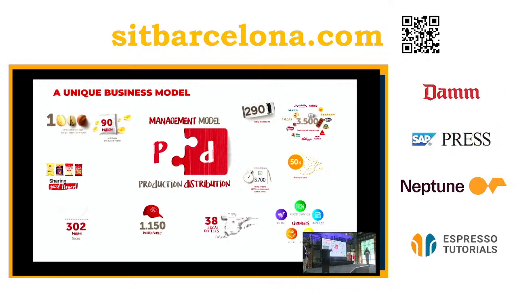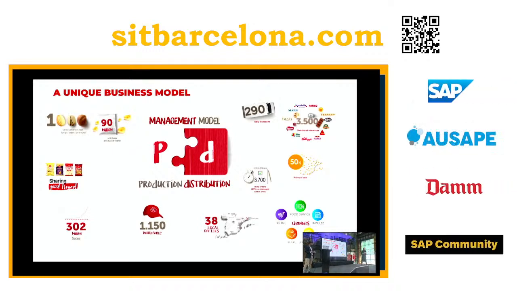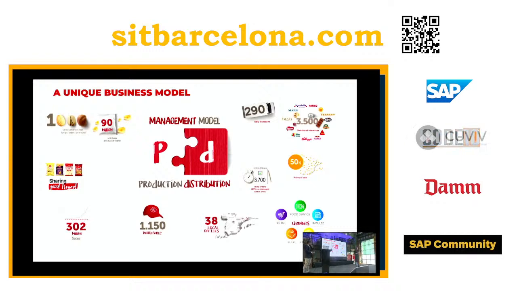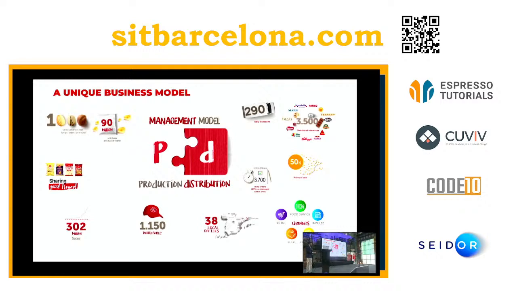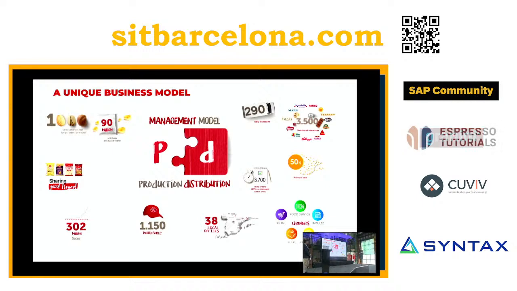We have more than 1,000 employees with 38 local offices around Spain and France. Every day, we process more than 4,000 orders, and we cover 290 delivery routes daily, ensuring that 85% of these orders are delivered within 24 hours. This reflects our dedication to excellent service and customer satisfaction.